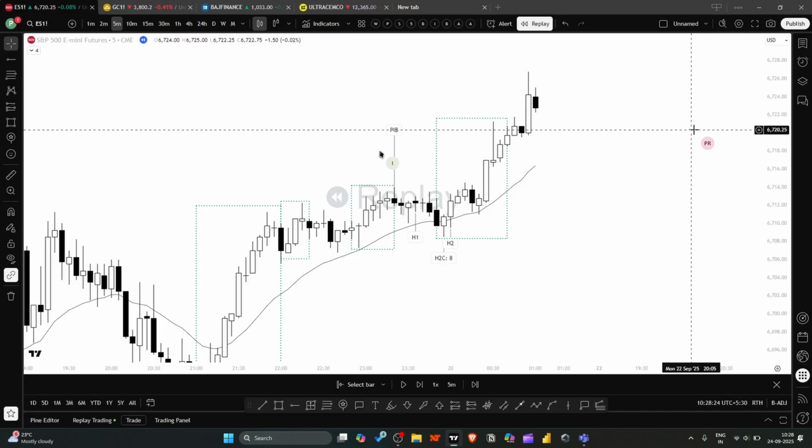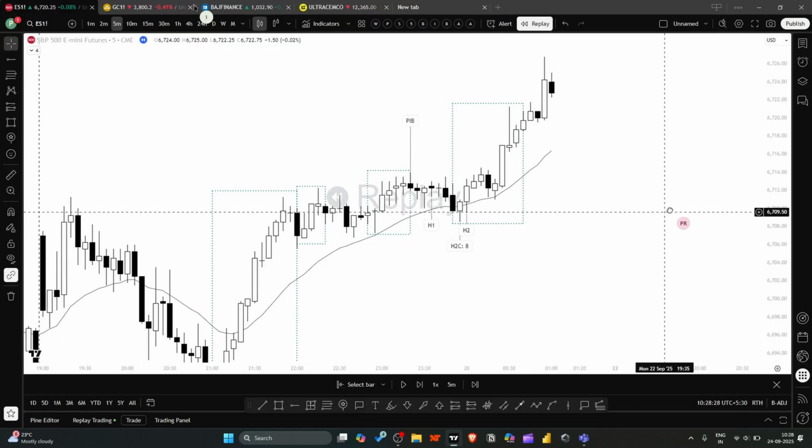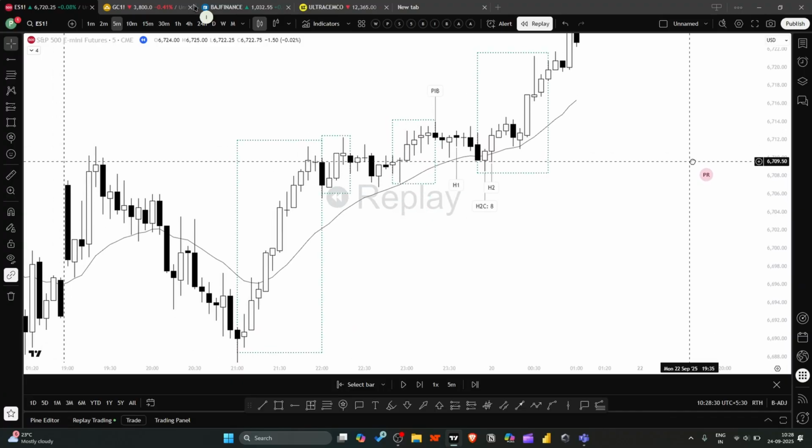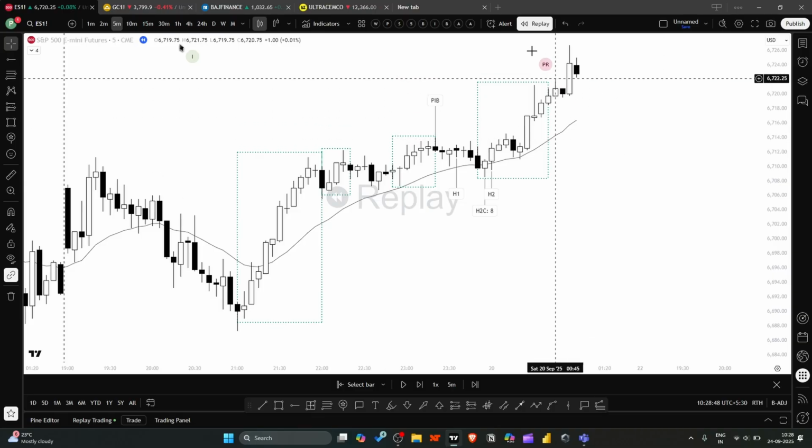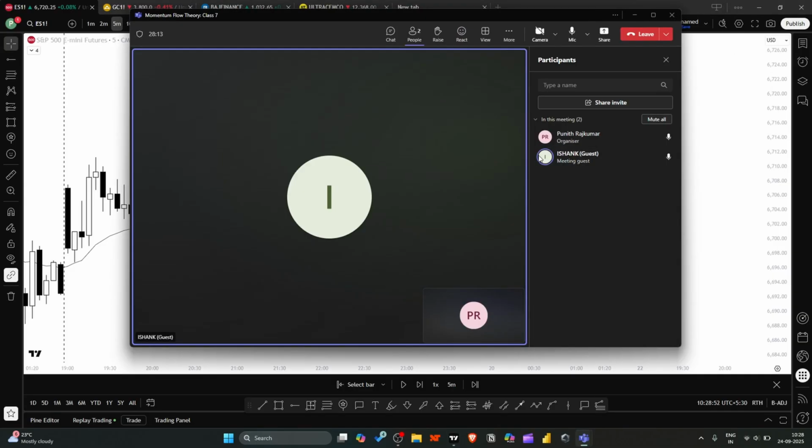Yeah. I don't think you can control the chart though. Yes. Or you can share your screen now. Yes. I'll stop sharing. You can share. Yeah.